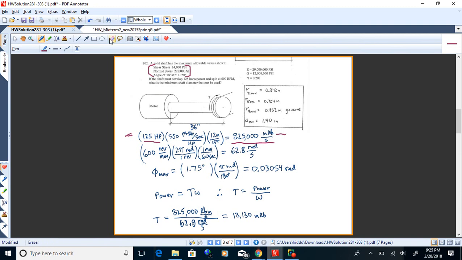Okay, that's the power. 600 revolutions per minute. 1 revolution is 2 pi radians. 1 minute is 60 seconds. Run that through, I get 62.8 radians per second. That's the angular speed.